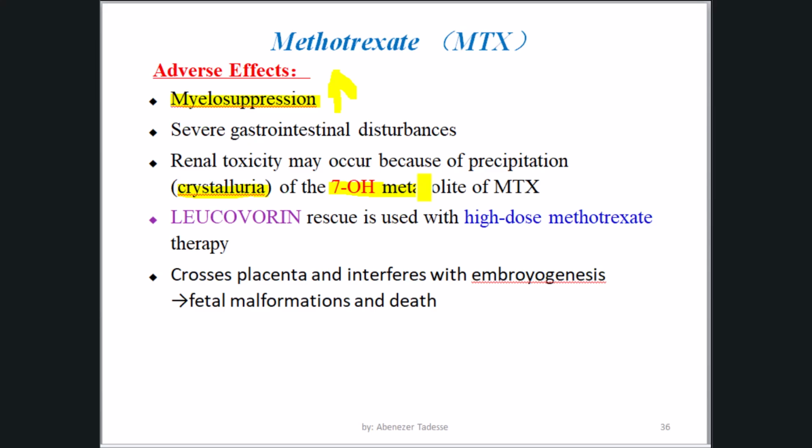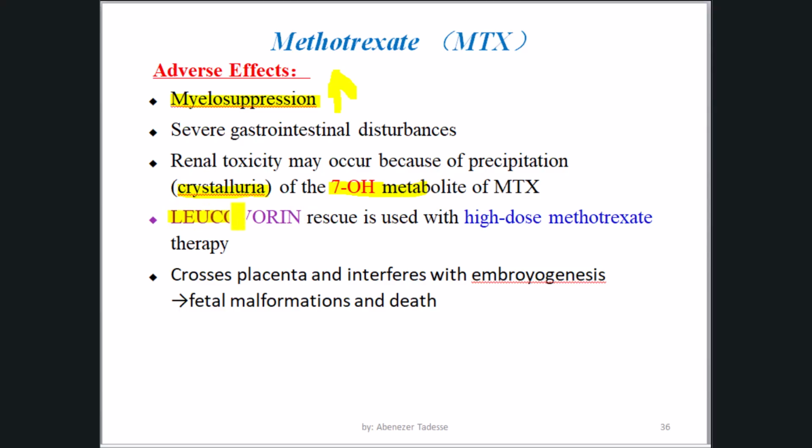To facilitate removal of a weak acid, we should alkalize the urine using sodium bicarbonate. With sodium bicarbonate, the 7-OH metabolite becomes ionized, and the ionized form cannot be reabsorbed, so it facilitates removal.